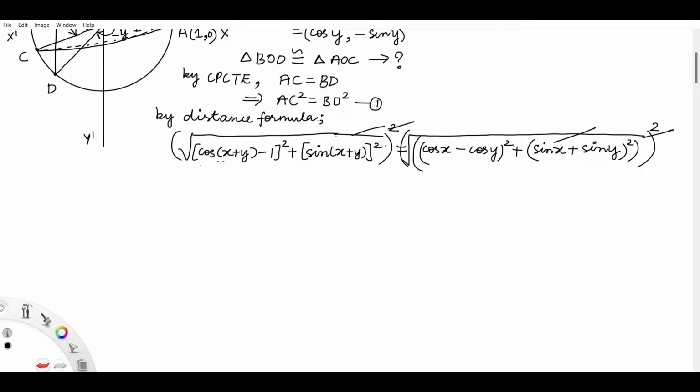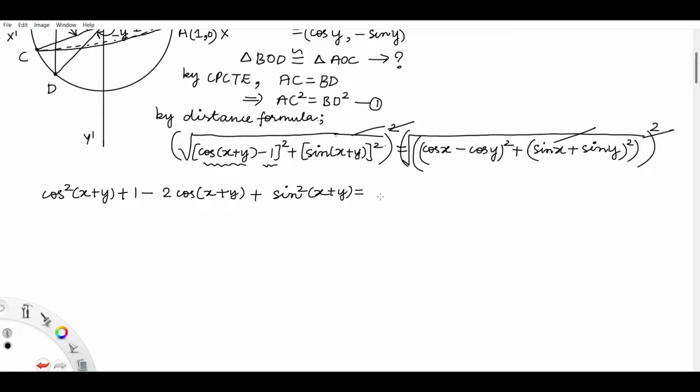I am left with, let us split this. Cos of x plus y minus 1 whole square is in the form a minus b whole square, and that is cos square of x plus y plus 1 square minus 2 into ab. That is this, right? Similarly, sine of x plus y whole square is going to be sine square of x plus y.